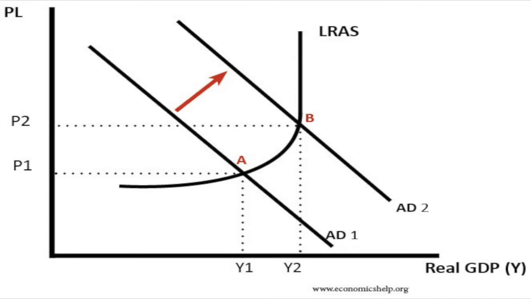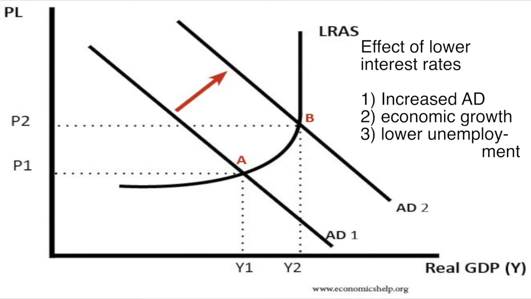The first policy could be monetary policy, and the Bank of England or central bank could cut interest rates. This leads to lower borrowing costs and encourages consumers and business to invest and spend. And in theory, lower interest rates should lead to higher growth, and therefore firms need to employ more people.